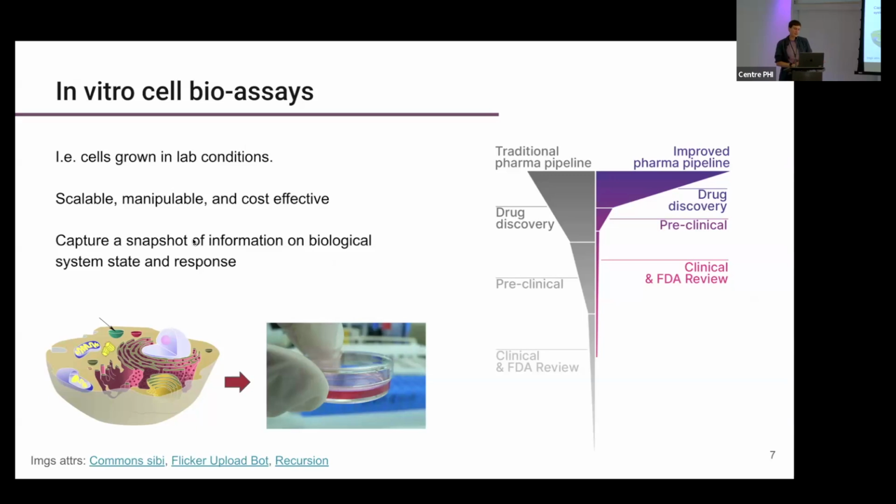What we're going to be talking about today is primarily in vitro cell bioassays. We're talking about growing cells in lab conditions, in a test tube, a well, a petri dish, etc., where we're controlling as much as possible, letting in as few unobserved causal variables as possible. This is controlled and scalable.